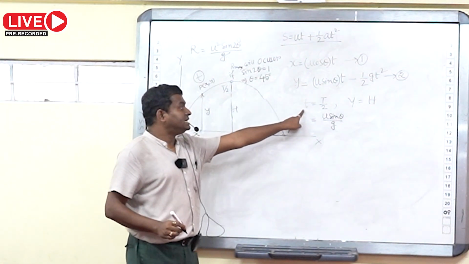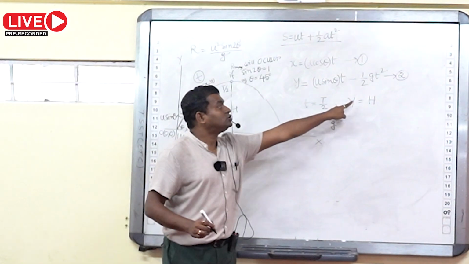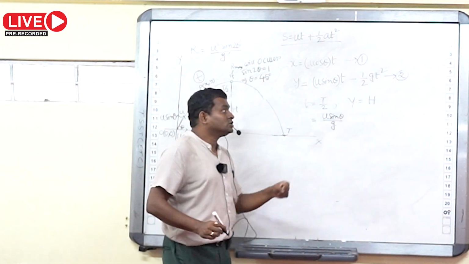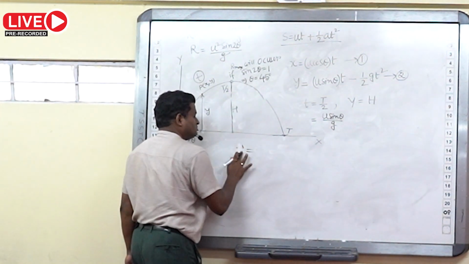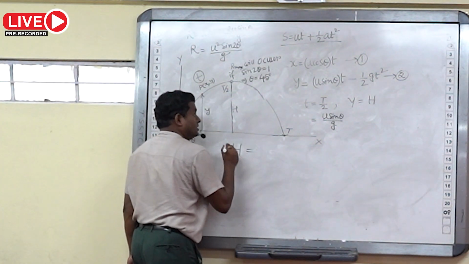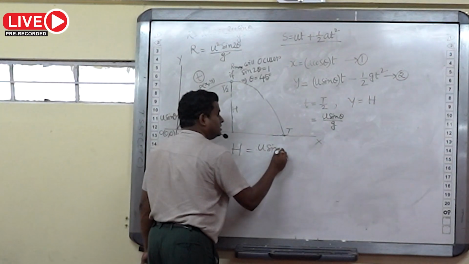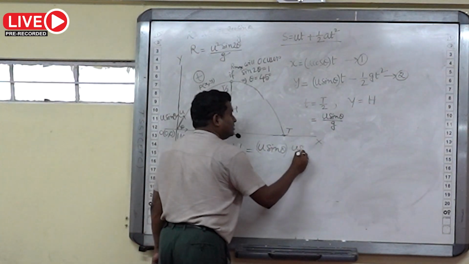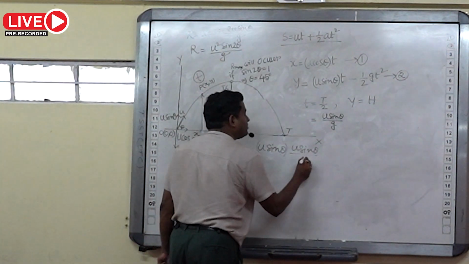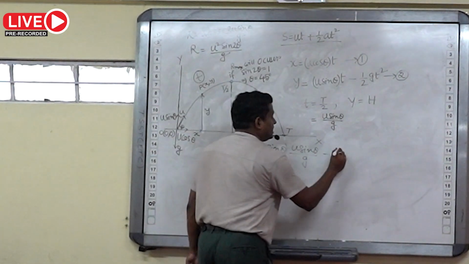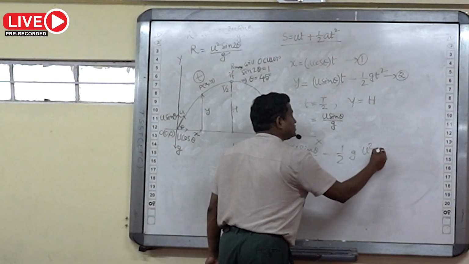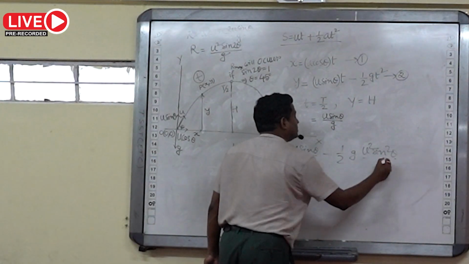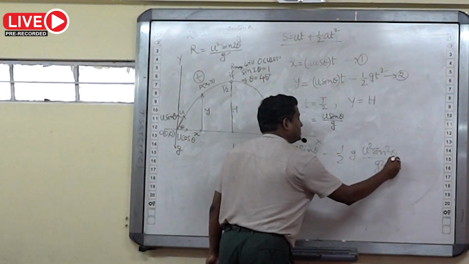So if I put t equal to this value, then y should be H. So I write for y, H equal to u sin theta, in place of t you write u sin theta by g, that is half of the time of flight, minus half g t square, that is u square sin square theta by g square, right?